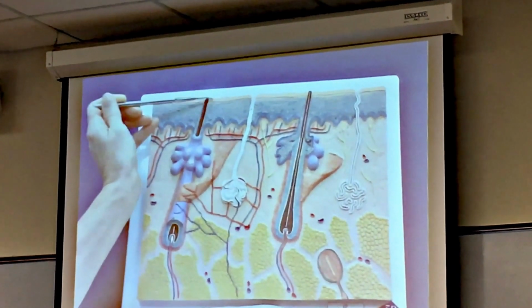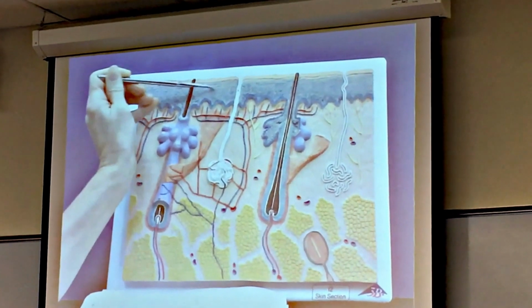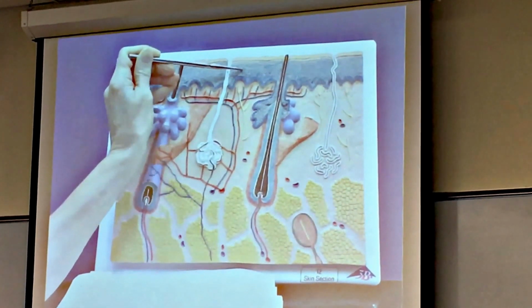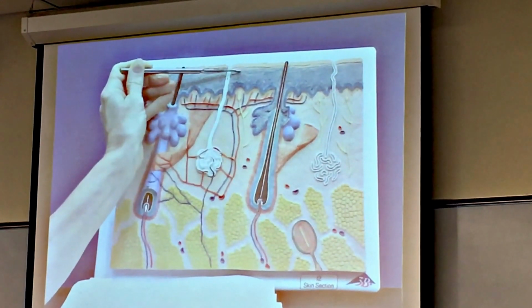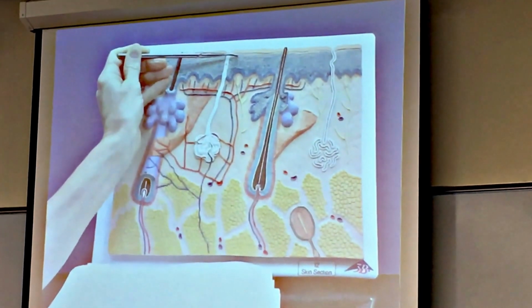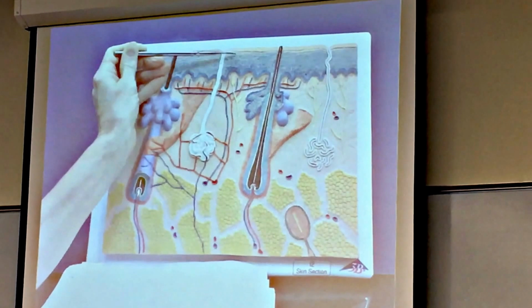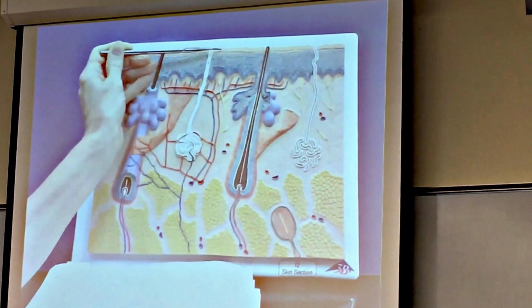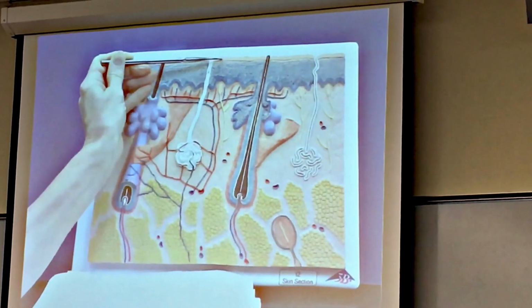So this layer right here is intended to be the stratum granulosum. And then this is supposed to be the stratum lucidum, but as you can tell, it's not very thick skin. This is intended to be their stratum lucidum, and this is supposed to be the stratum corneum.